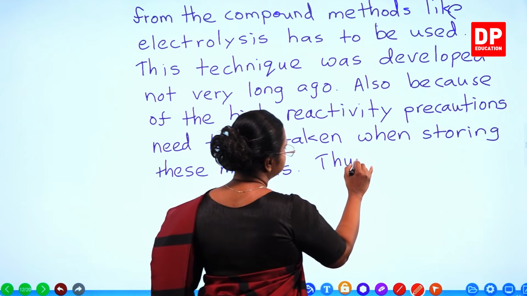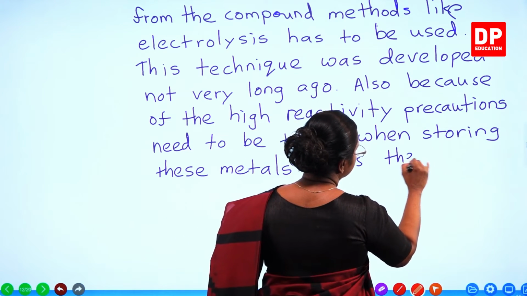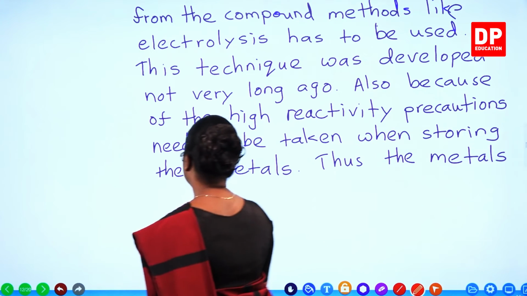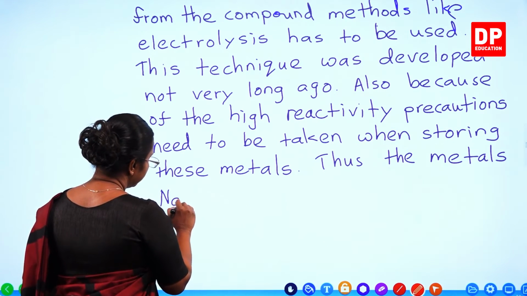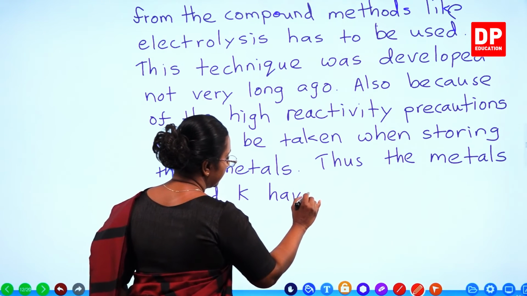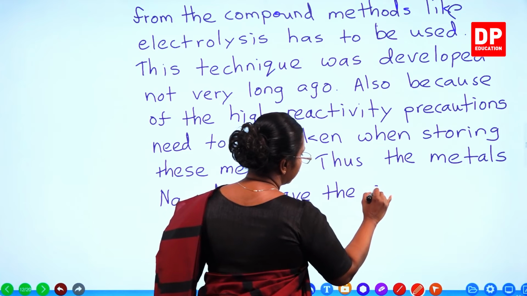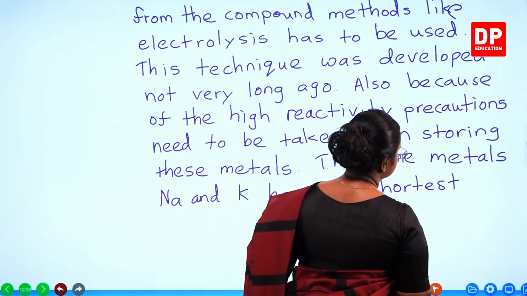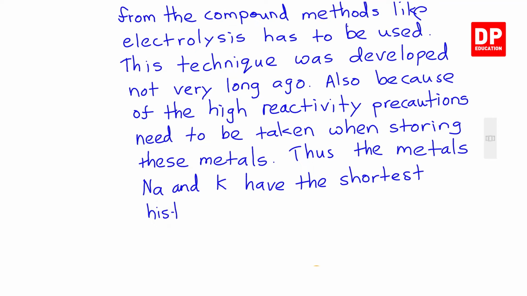Thus, the metals sodium and potassium have the shortest history of usage.